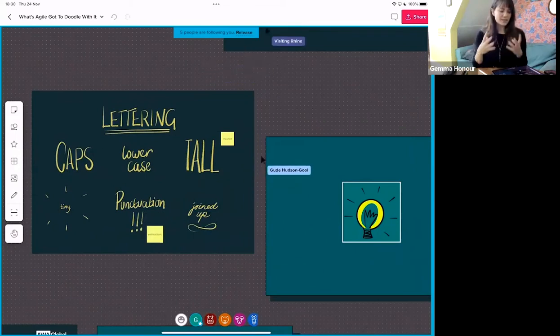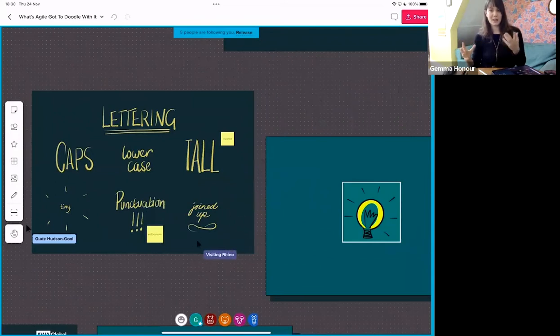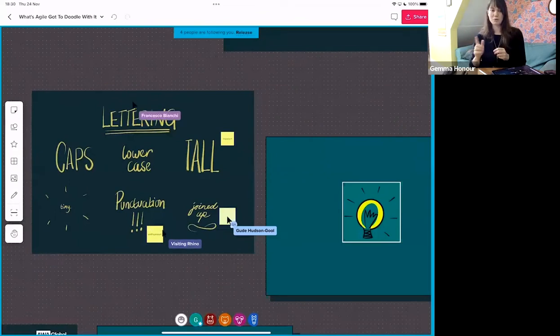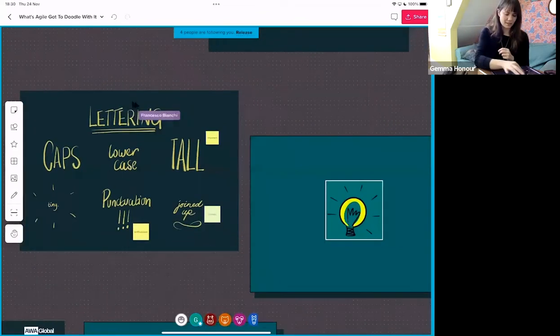So yeah, here you can see, caps for anger, yeah, absolutely. You can see that not even by using a fancy font, but just the way that you're writing your lettering, you can start to communicate emotion. And that is the beginning building block of your dual coding and first dual coding exercise.